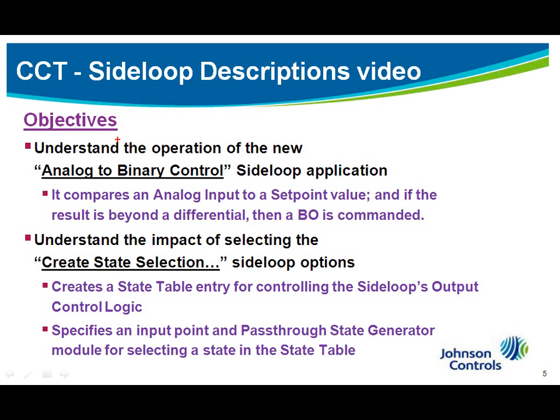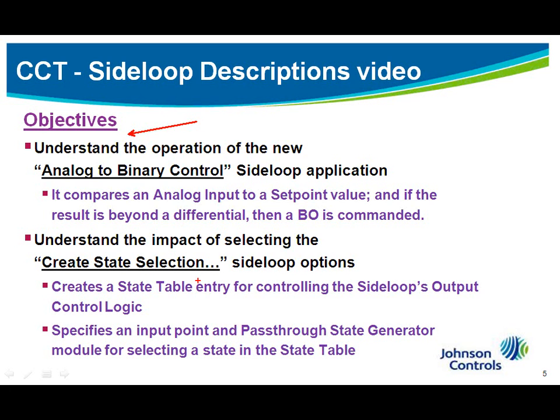And here we have our objectives for this video: to understand the operation of the new analog to binary control side loop application. That side loop compares an analog input to a set point, and if the result of that comparison is beyond a differential, then a BO is commanded.